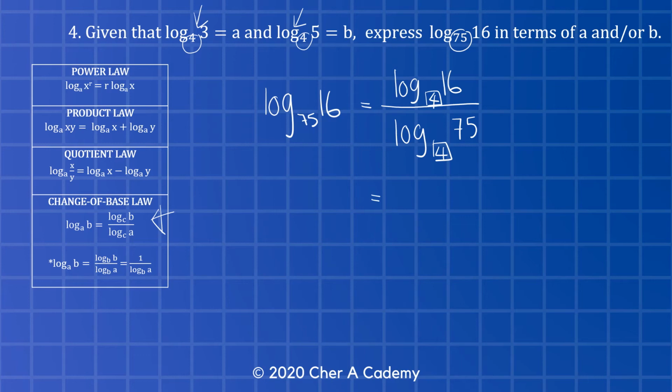Okay, so now I have log base 4 of 16, and I have log base 4 of 75. I will need to change 16 to the same base number, because log base 4 of 4 gives me 1, right? So I will have a 2 here. So I change log base 4 of 16 to become log base 4 of 4 squared.